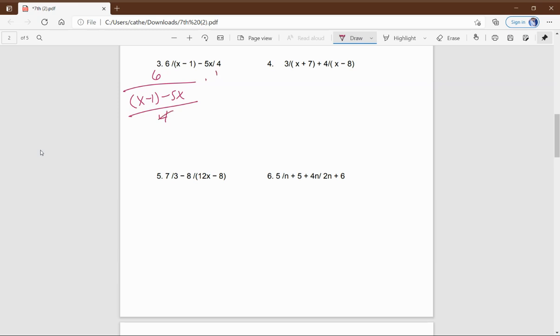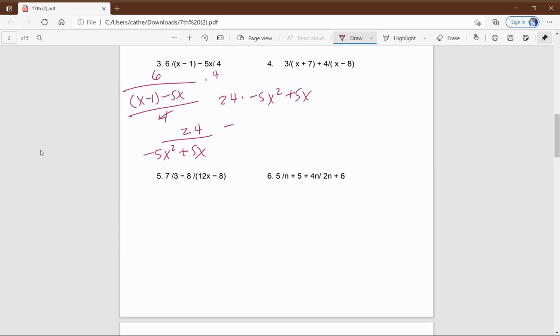And then that 24 over negative 5x squared plus 5x. 24 times negative 5x squared plus 5x.